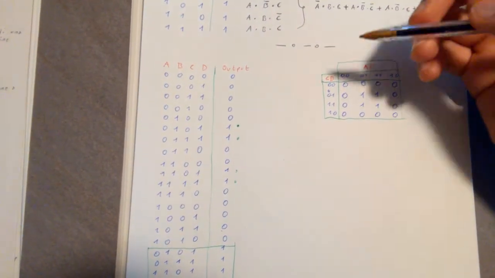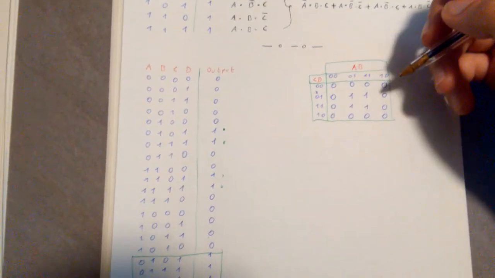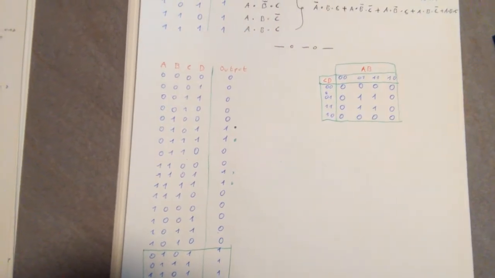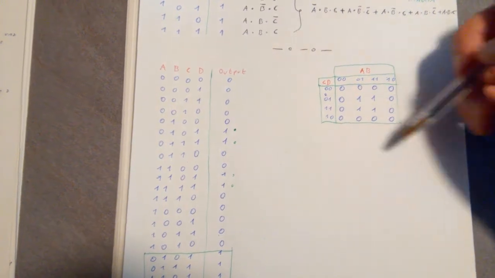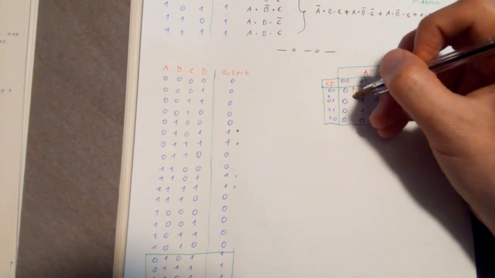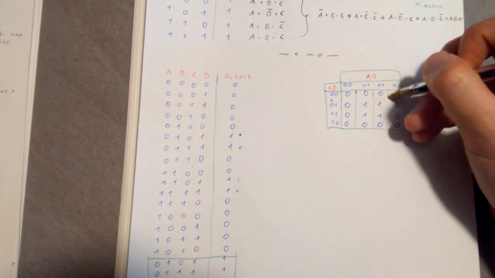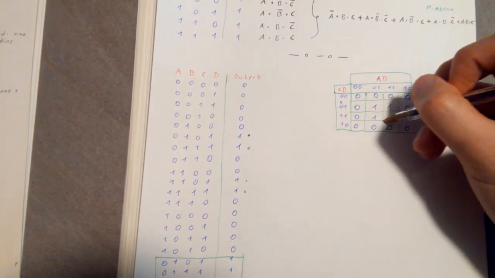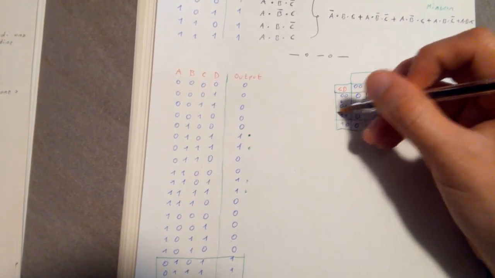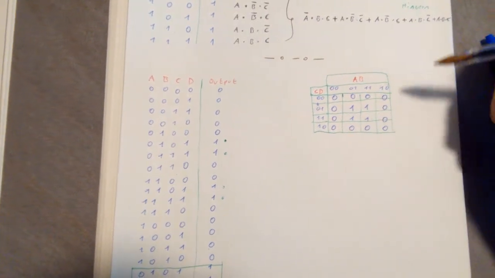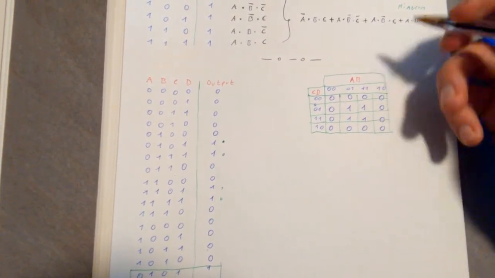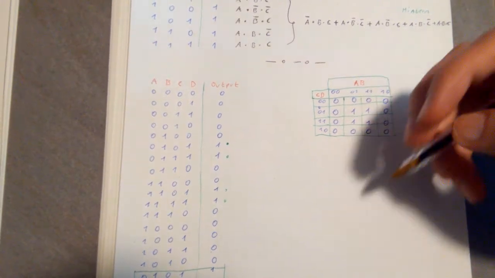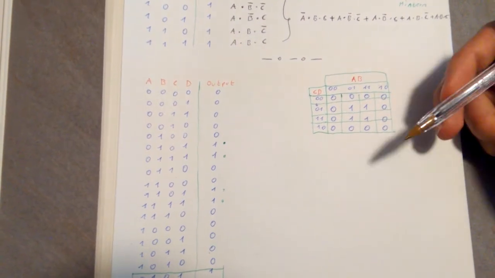How do you use a Karnaugh map? Well, in order to write down a function starting from a Karnaugh map, if for instance someone gives you a Karnaugh map and wants you to write down the function, then what you do is start looking for where it's 1, and you have a technique which is to find the prime implicants.